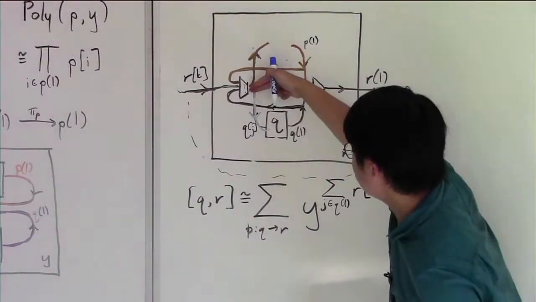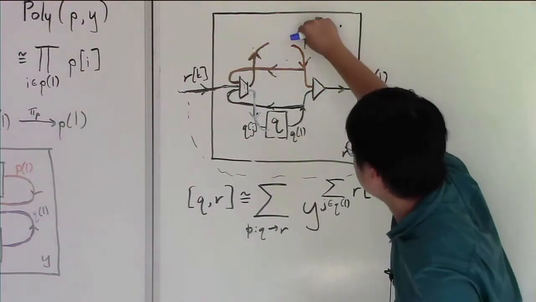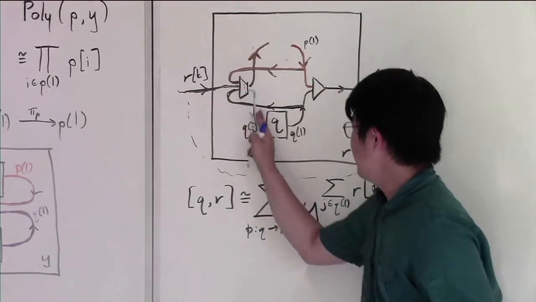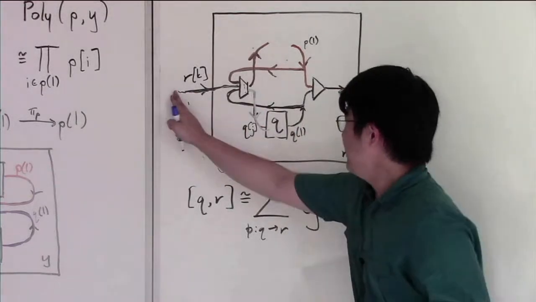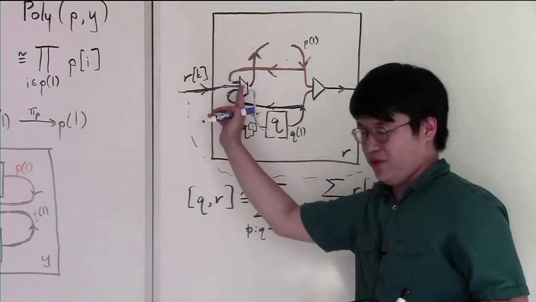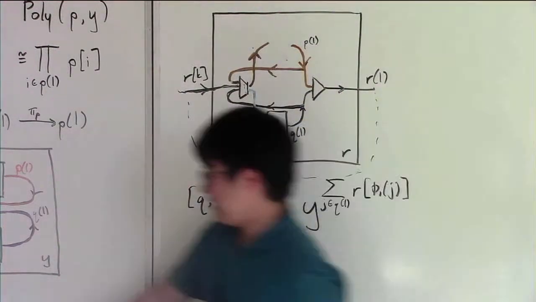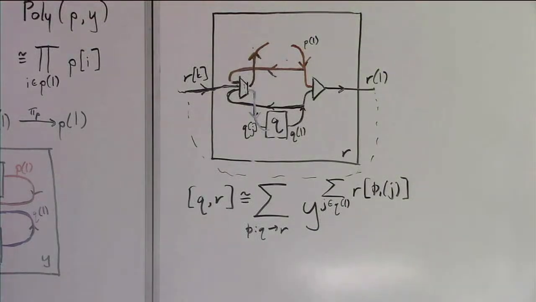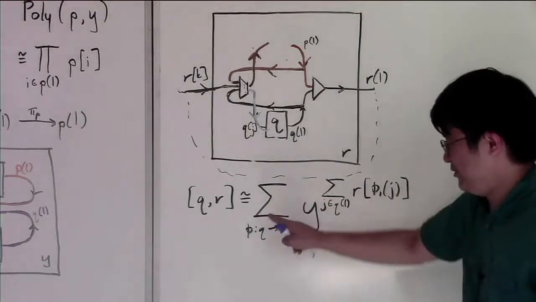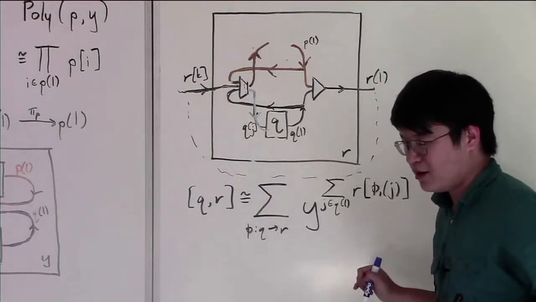In fact, this wire here, if we fix an element of P of 1, is just whatever direction comes out here that's given by the position of Q and then the corresponding direction of R. So this part of this is exactly this part of this diagram. And so that's the backwards function. And that's exactly what you need to give that backwards function here to give that full morphism from Q to R. Does that make sense?